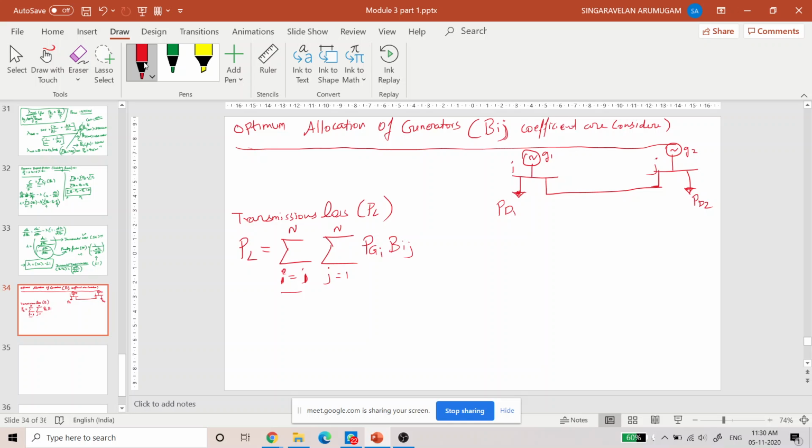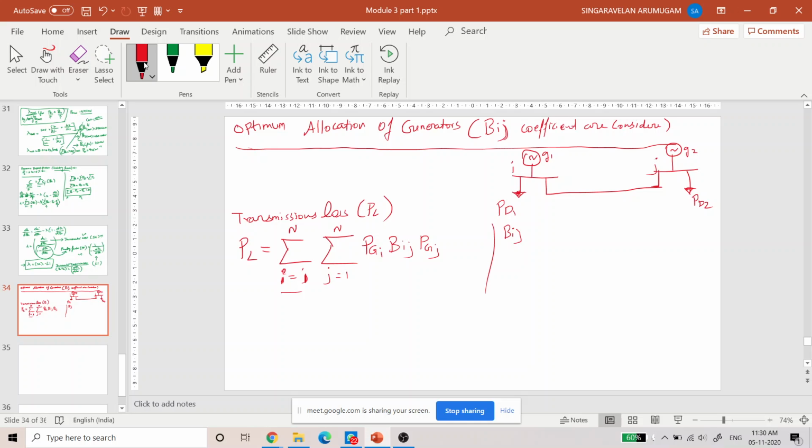I will come to Bij later, but you understand, I have taken the generator I, and also the generator J, and this Bij, I will write here, this Bij is the loss formula, because I am not only producing power from the generator but also creating some losses.